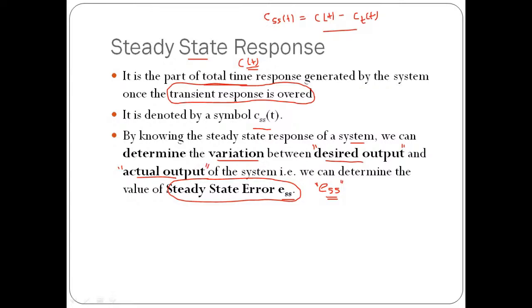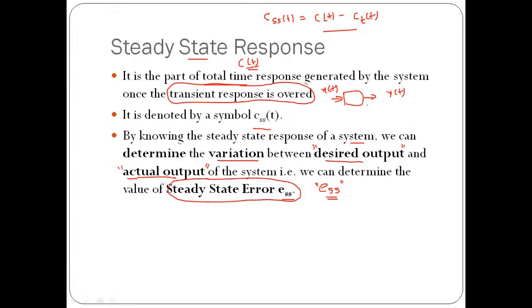And the moment we have not done steady state response analysis, we are not in a position to find out the actual response or the actual output of the system. We know what the desired output will be. For example, if the system is provided with some input, say x of t, corresponding to that, whatever output it is going to generate will be your desired output.